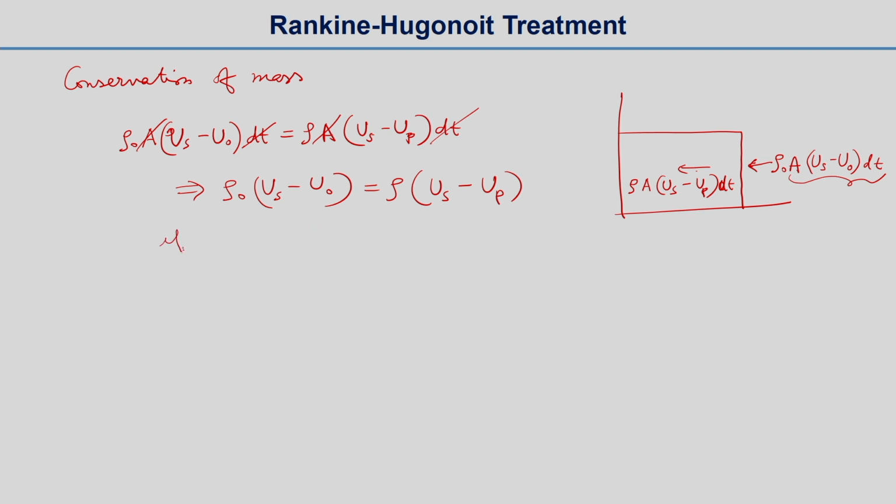And if we assume that U naught is equal to 0, that means stationary material, actually stationary fluid ahead of the shock front, then this will give us rho naught US equal to rho US minus UP.